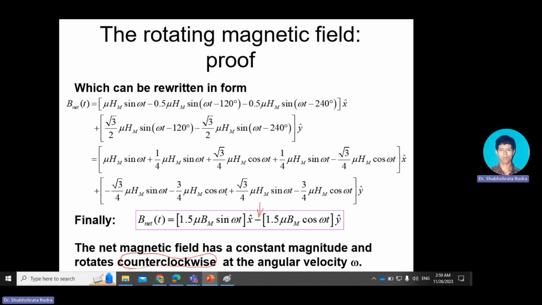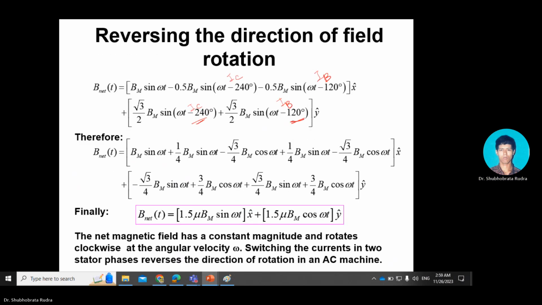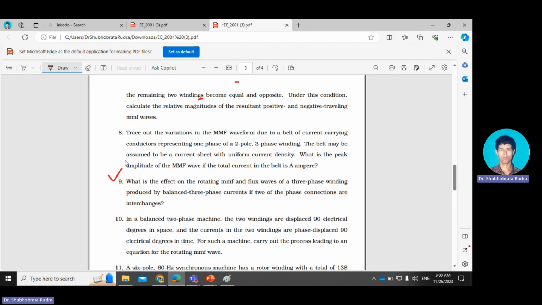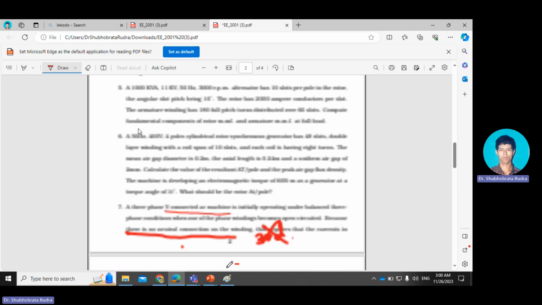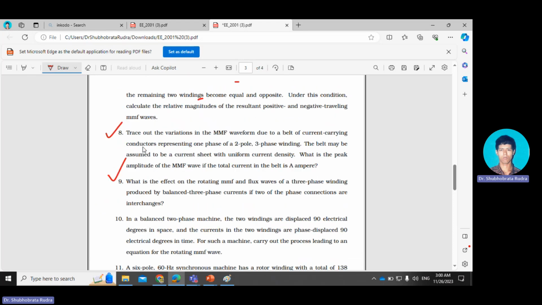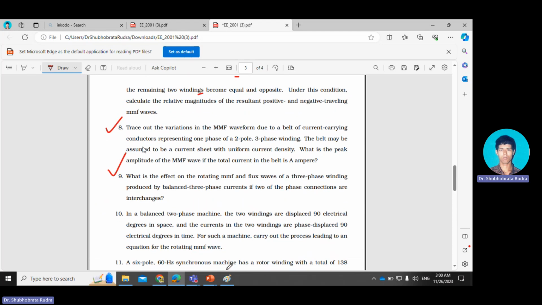And when you have rotated it, you got something rotating in clockwise manner at an angular velocity of omega. All right. So that's the answer of question number 9. So 8 already discussed, although some people couldn't recollect whether it was discussed, but I discussed 8. So there is no need of discussing it.